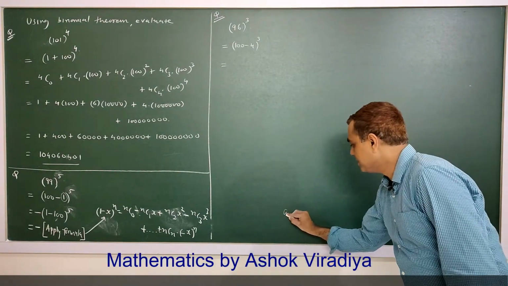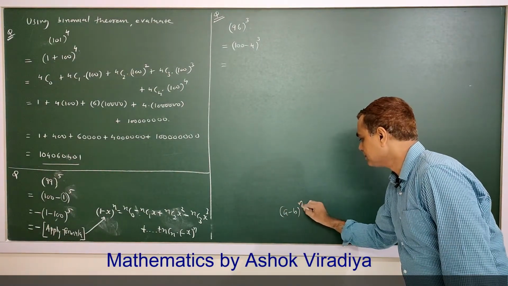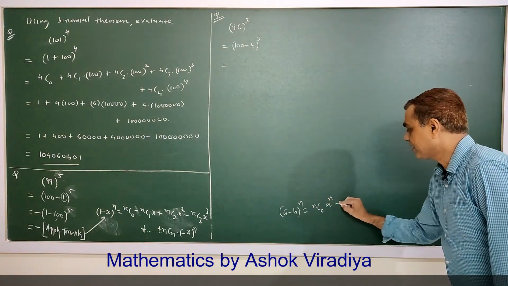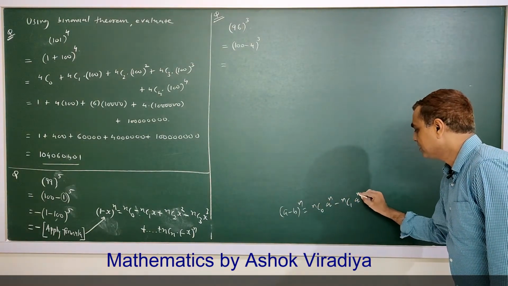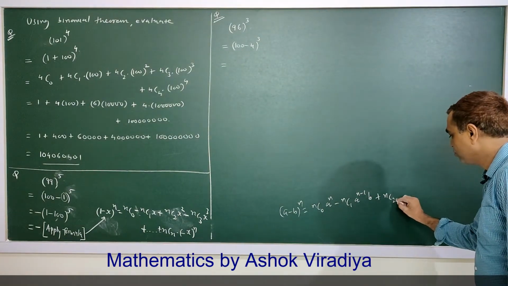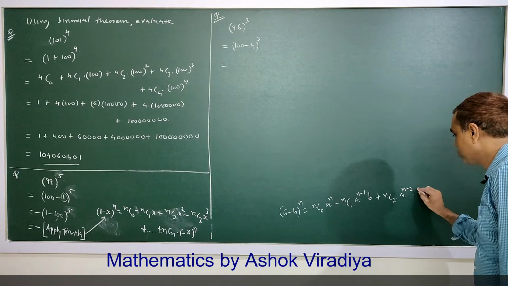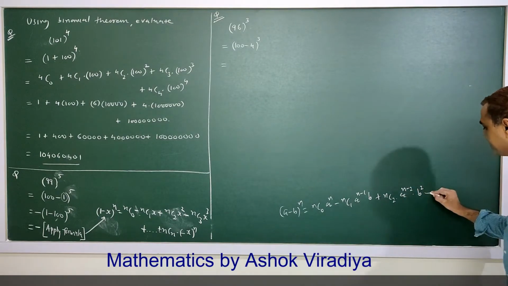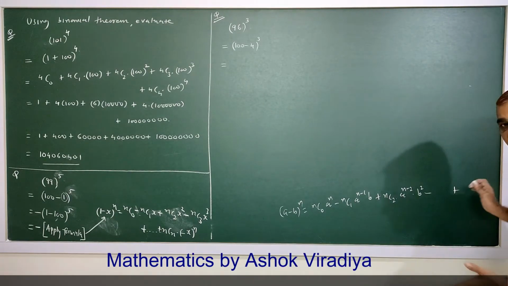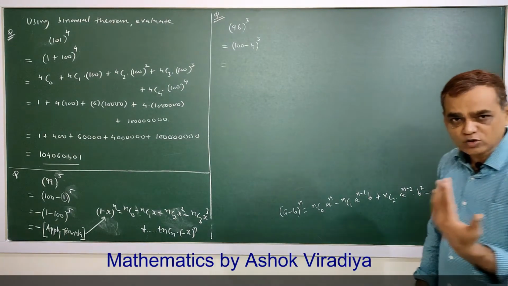(a minus b) raised to n is nC0 a raised to n minus nC1 a raised to n minus 1 into b plus nC2 a raised to n minus 2 into b square, minus, then plus, then minus. Automatically it ends at the proper sign. Continue alternate signs.